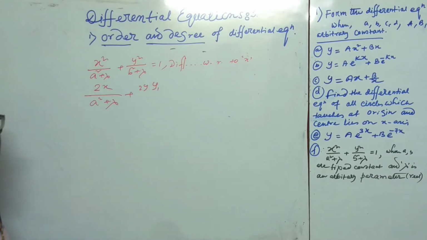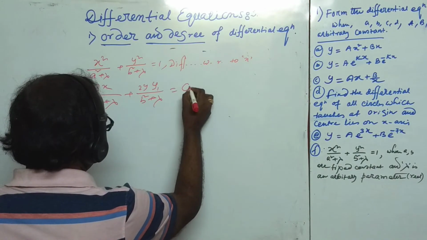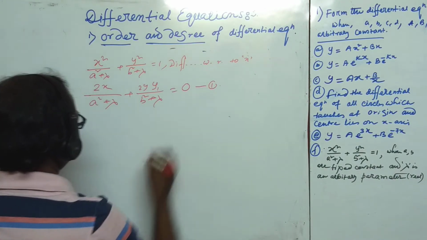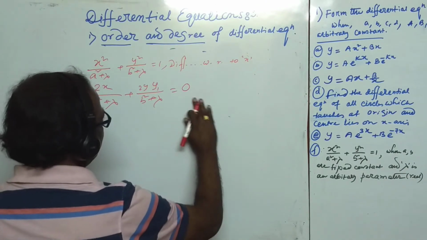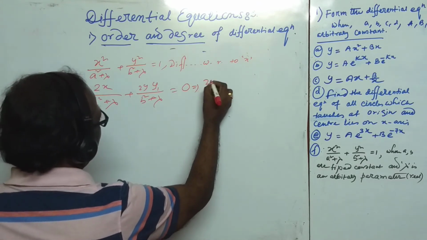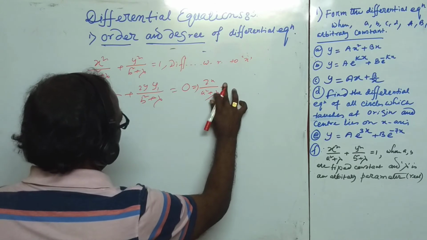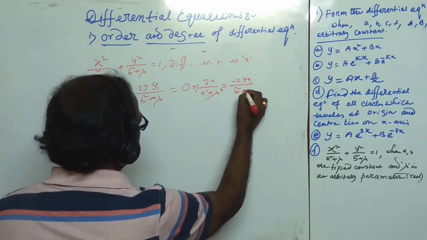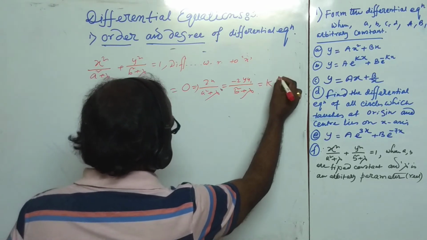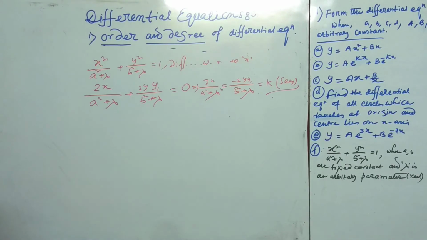Twice x by a square plus lambda, plus twice y y1 by b square plus lambda, is equal to 0, where y1 means dy by dx. Say this is 1. Say k.